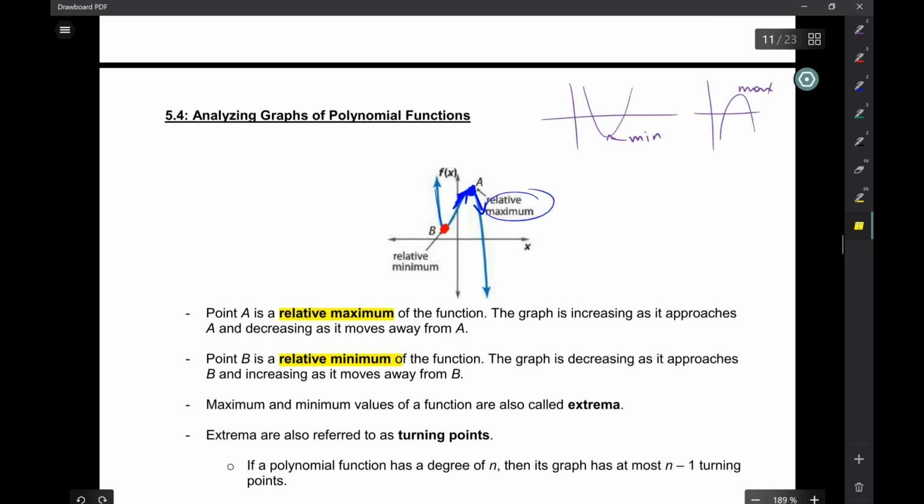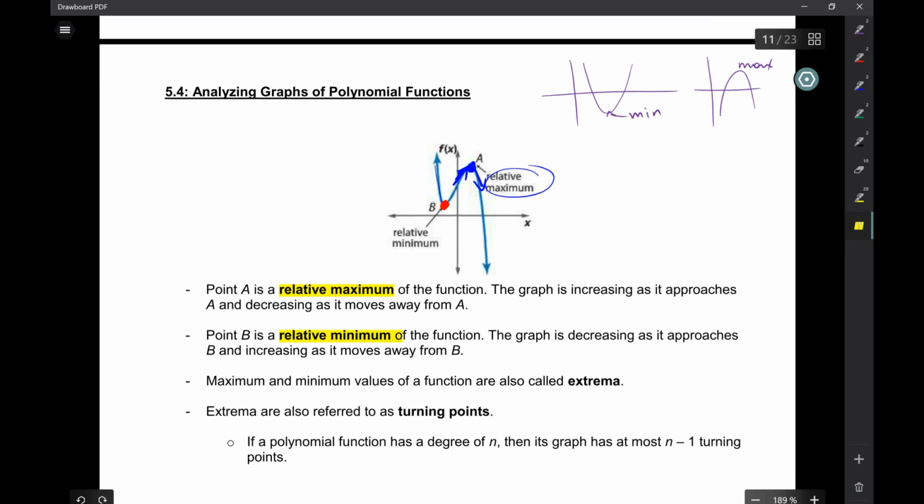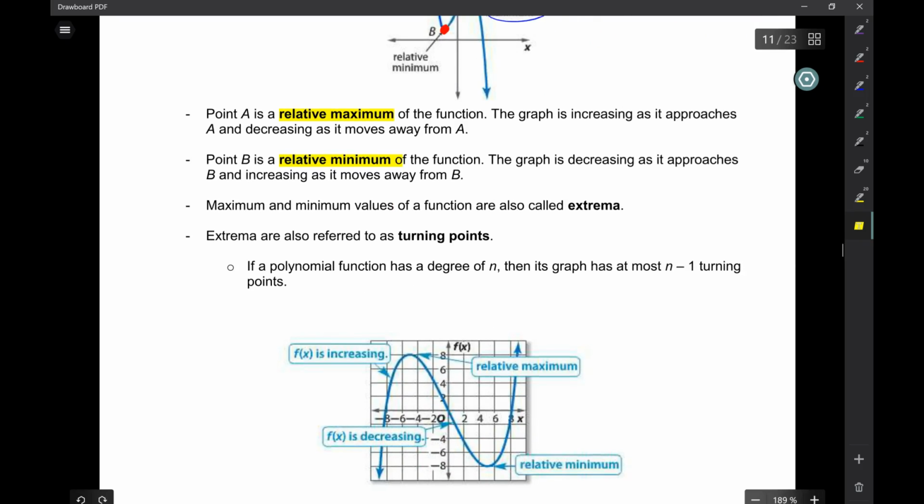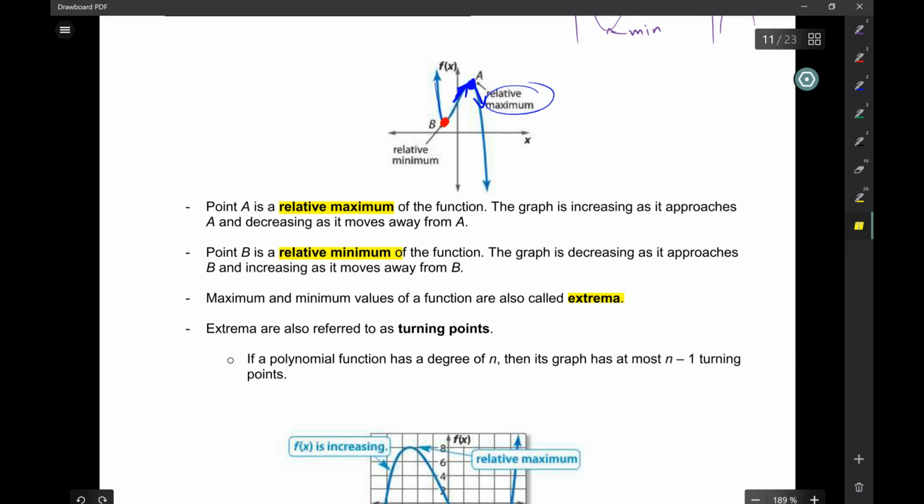A minimum and a maximum together are also called extrema. So if I say, where are the extrema of this function? You say, oh, there was a relative max here, there was a relative min here. Now, what happened at point A and point B? The graph turned around, right?